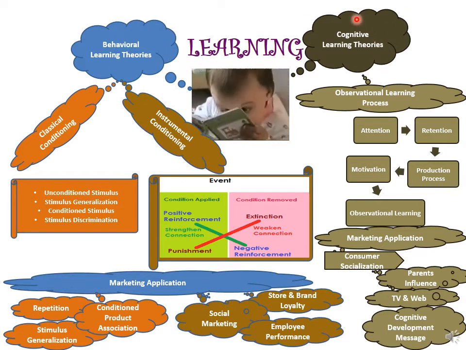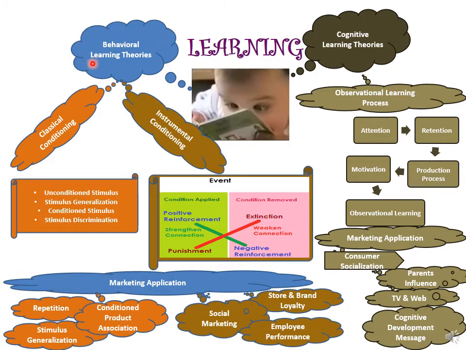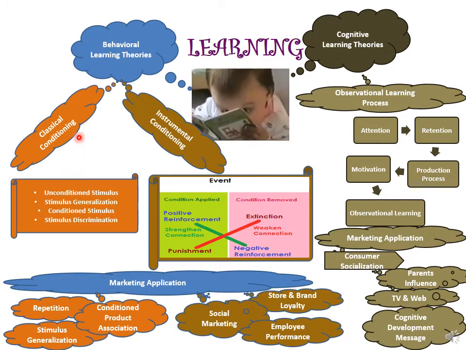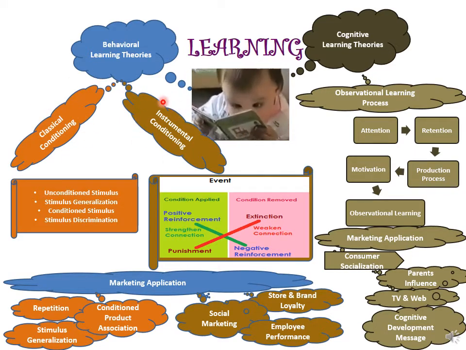So here we can see that the learning process can be explained in different ways. One is behavioral learning theories, and the second one is cognitive learning theories. So first, let me describe behavioral learning theories. Basically, in behavioral learning theories, there are two components, which are classical conditioning and instrumental conditioning.